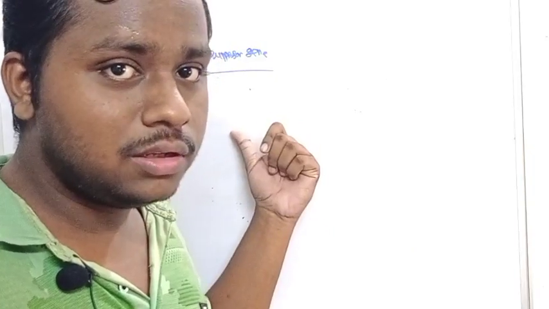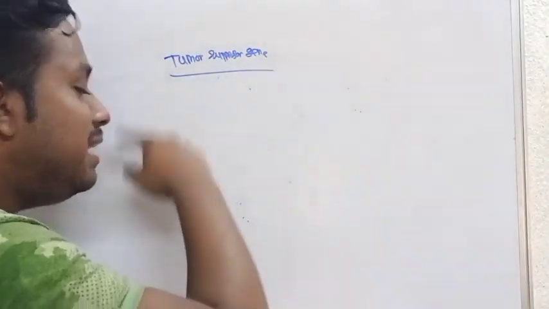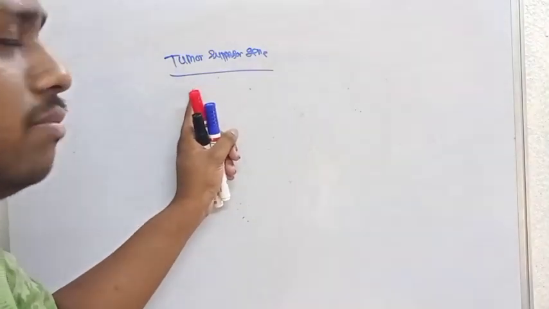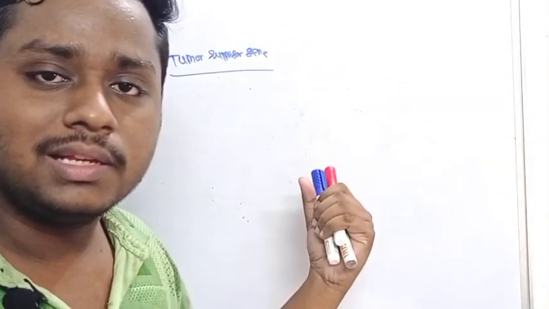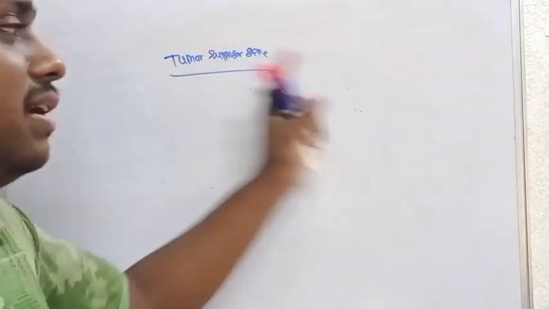Not one allele, both alleles. Proto-oncogene mutations occur in somatic cells, so they are not inherited. But tumor suppressor gene mutation may occur in germinal cells or in somatic cells, so this kind of mutation may be inherited. This is the basic difference.